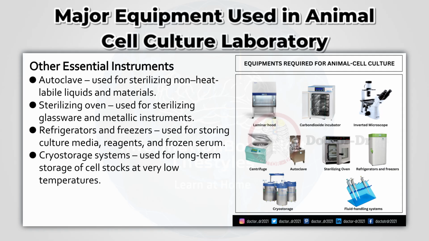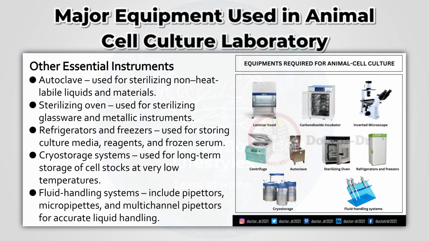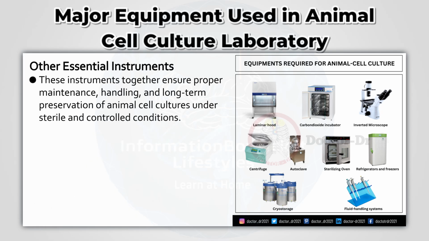Cryostorage systems, used for long-term storage of cell stocks at very low temperatures. Fluid handling systems include pipettors, micropipettes, and multi-channel pipettors for accurate liquid handling. These instruments together ensure proper maintenance, handling, and long-term preservation of animal cell cultures under sterile and controlled conditions.